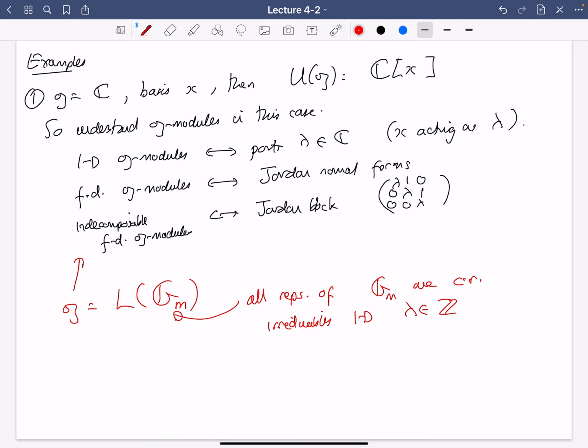And maybe that's not so surprising, because you can also think of this Lie algebra as being the Lie algebra of the additive group. There you don't have complete reducibility, and you only get the irreducible where lambda is 0 for that group, but you do get Jordan blocks coming up.